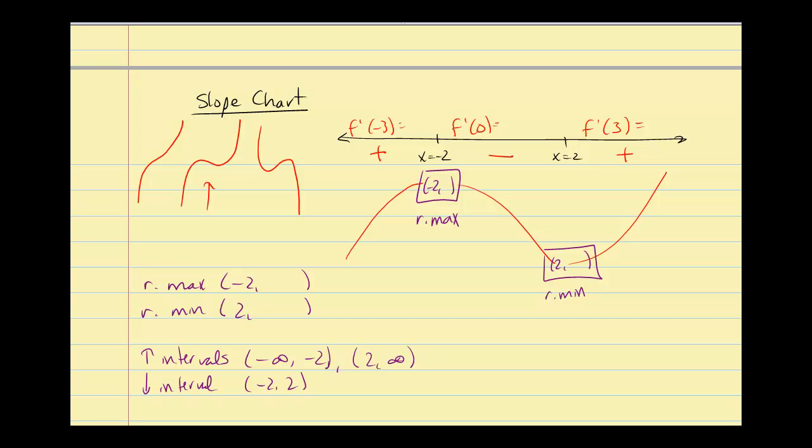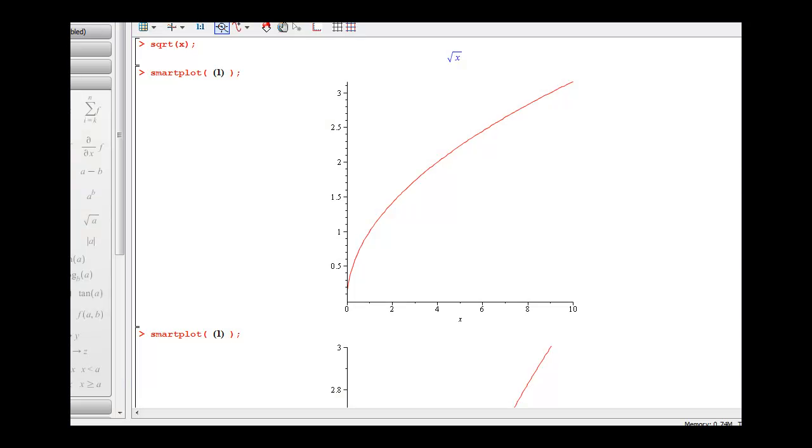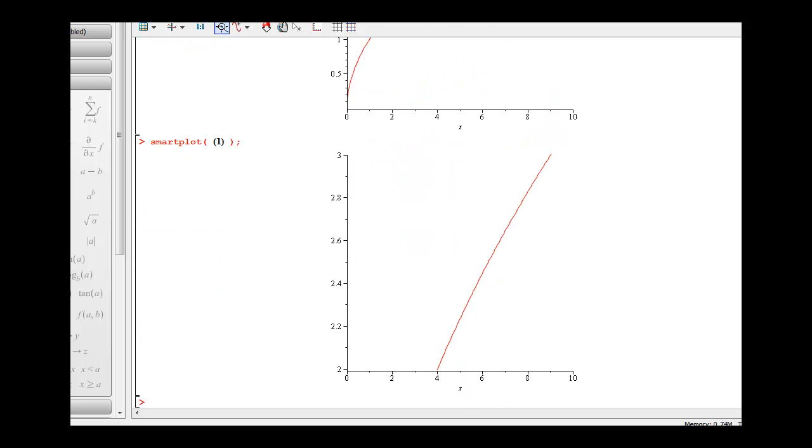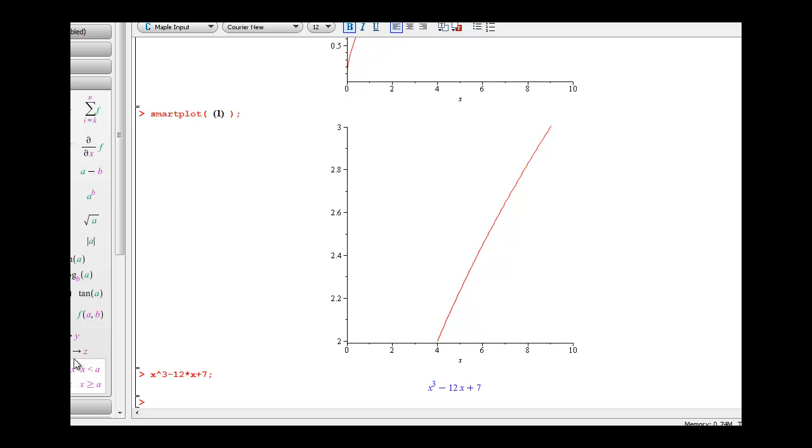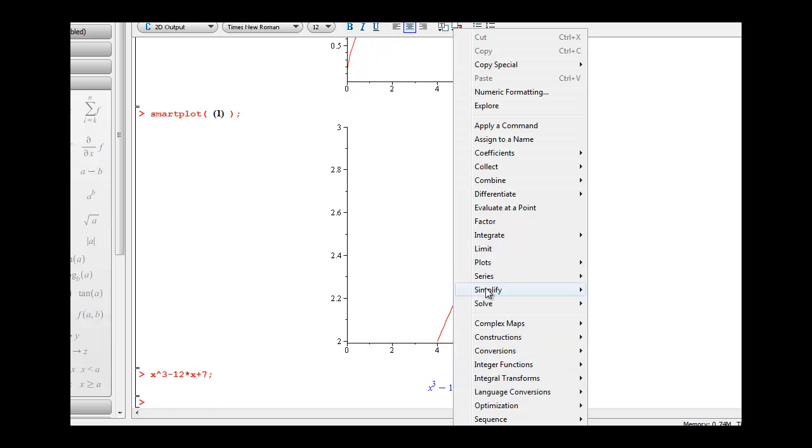Now, in order to get a little bit better idea of what's going on here, let's go ahead and plot this in Maple. Okay, in Maple, let's have a look. These are some older graphs. We have x cubed minus 12 times x plus 7. Okay, that's the function that we are expecting to see. So let's go ahead and plot that.